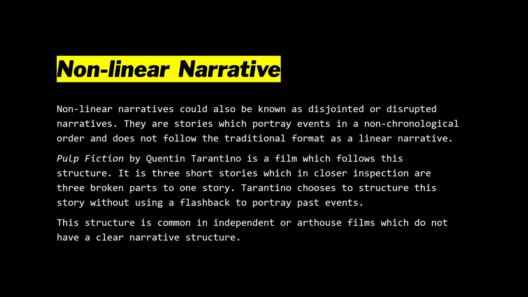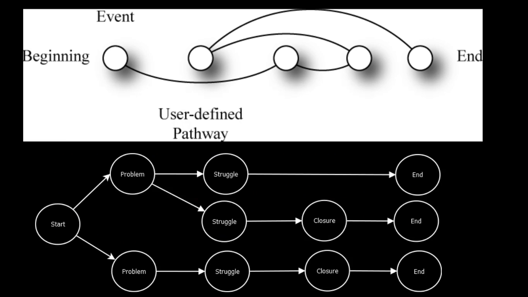And this structure is clearly common in independent or art house films, which do not have a clear narrative structure. And you see here that it does interweave, unlike the linear narrative, which doesn't do that. So that's why stories are very difficult to understand.